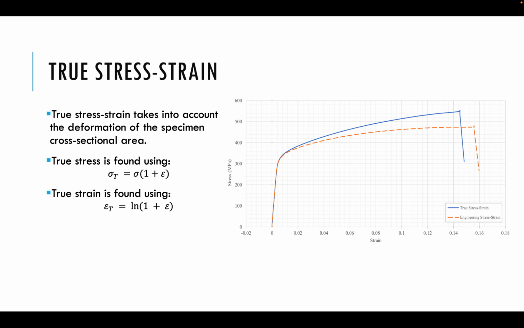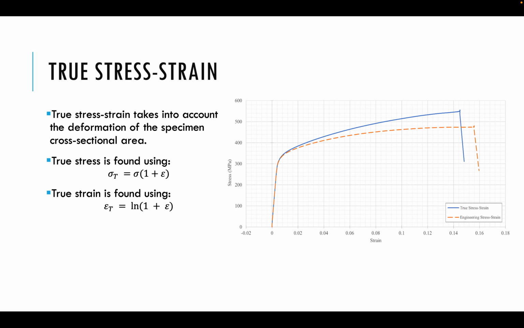Next, let's look at the true stress and strain data. The true stress-strain curve is a more accurate representation of the material's behavior during tensile testing, as it takes into account the deformation of the specimen's cross-sectional area and length. As we see in the graph, the true stress values are generally higher than the engineering stress values during the strain hardening phase.